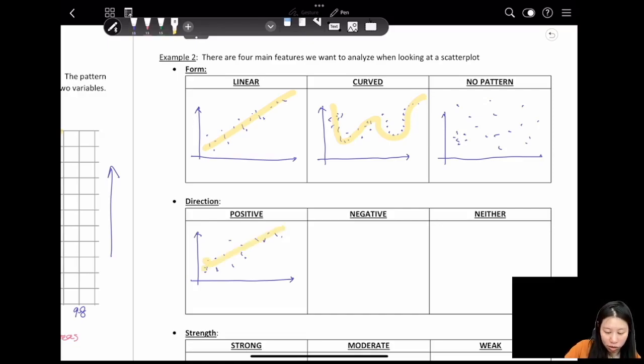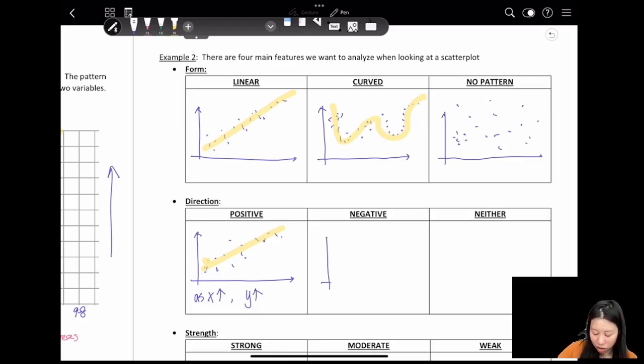That means as x increases, when you look at the data from the left to the right, what happens to y? Y goes from the bottom to the top. So y increases as x increases.